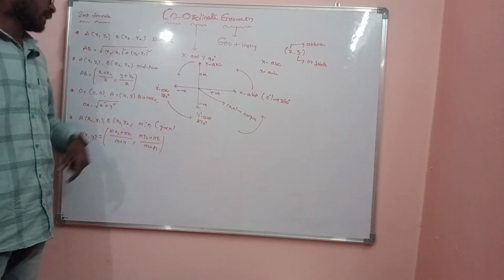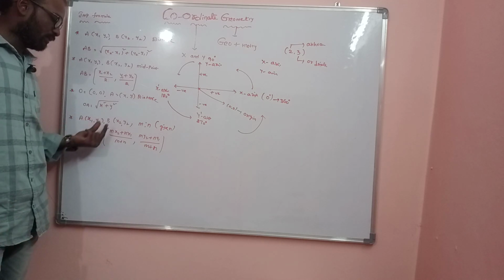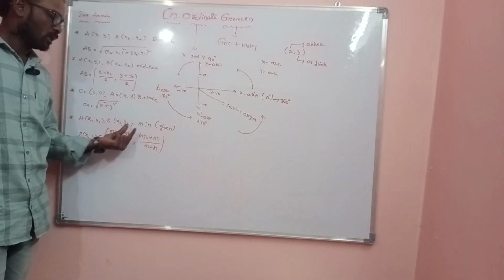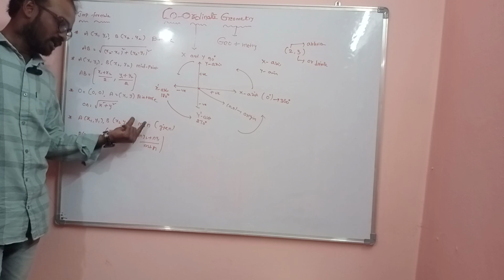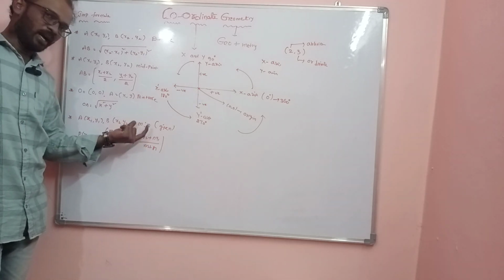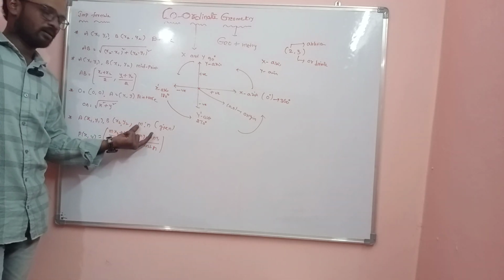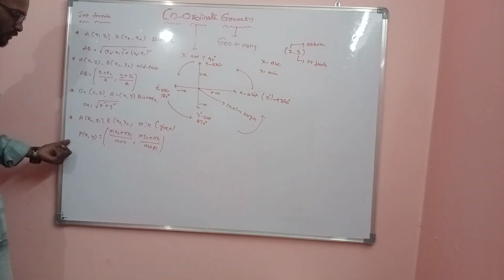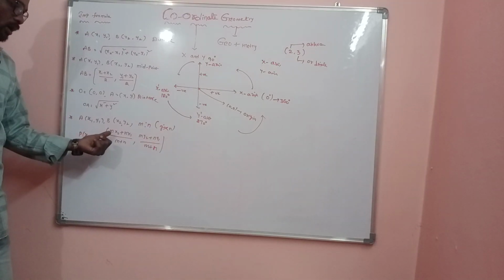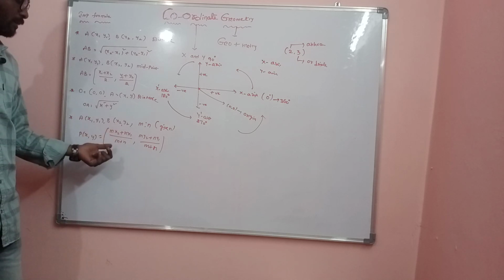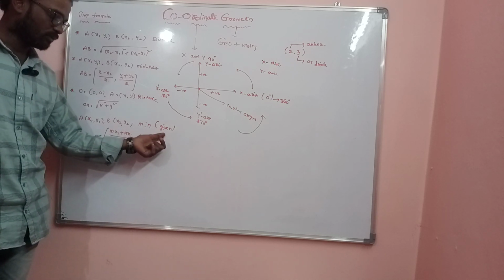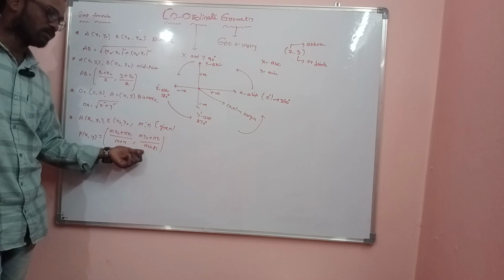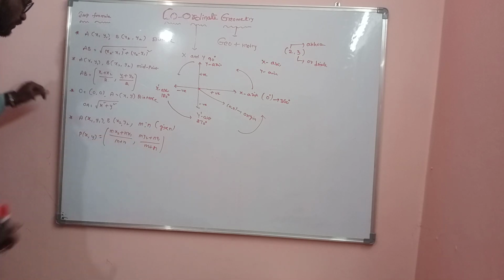Sometimes they ask, A is (x1, y1), B is (x2, y2), the ratio is also given, and find the internal point. You can use the same formula, P(x, y) equal to ((mx2 plus nx1) by (m plus n), (my2 plus ny1) by (m plus n)). You can find this value.